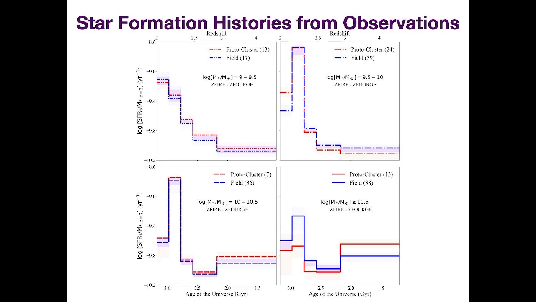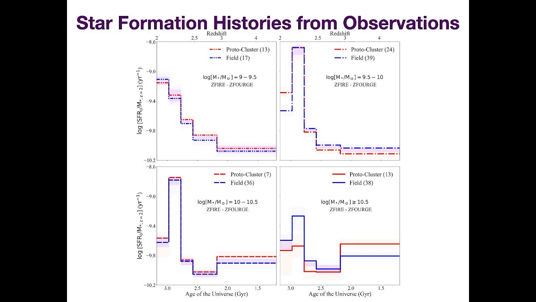In the lowest stellar mass bin, the star formation history of the cluster galaxies is quite similar to the field galaxies, and they're experiencing recent star formation, so the star formation histories are rising. As you go further along the stellar mass bins, the star formation histories, while still similar between cluster and field, become bursty.